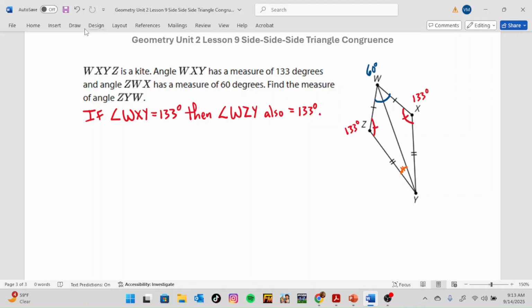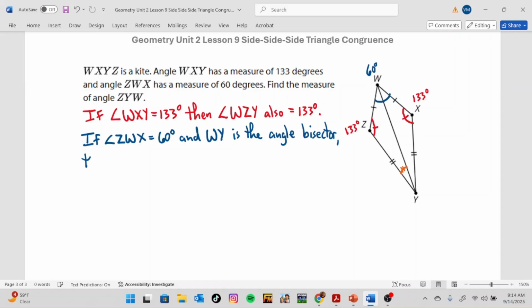My next statement is that if angle ZWX equals 60 degrees and segment WY is the angle bisector, then angle ZWY is 30 degrees.